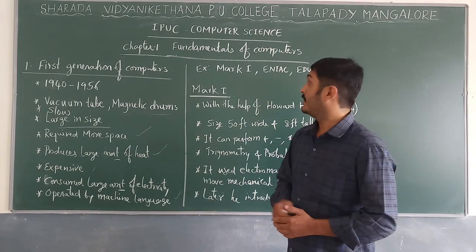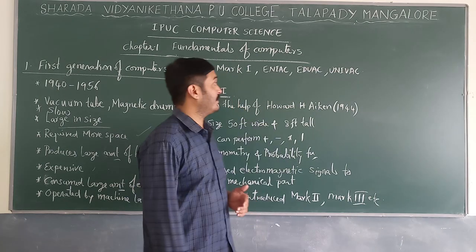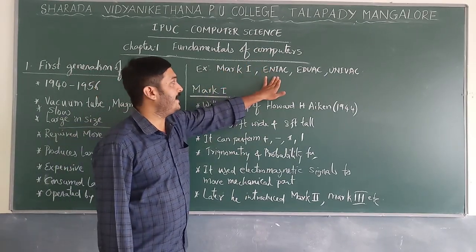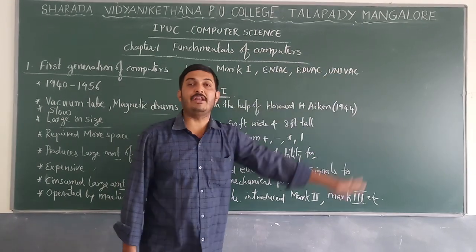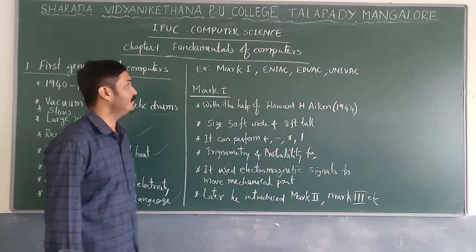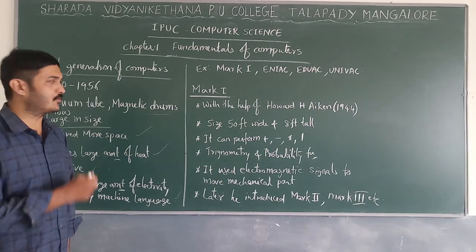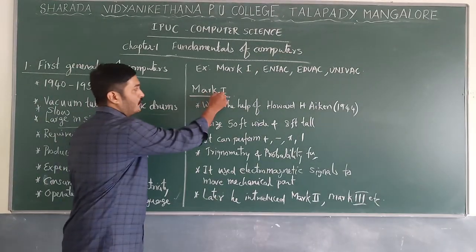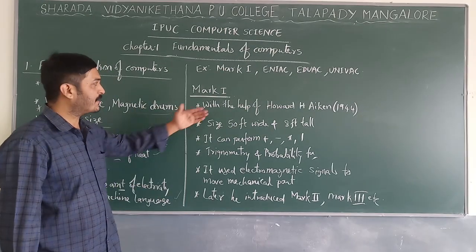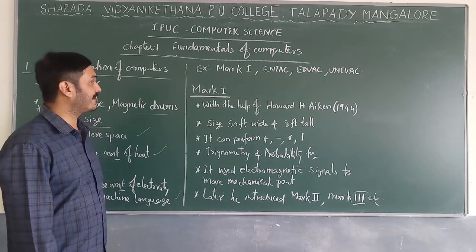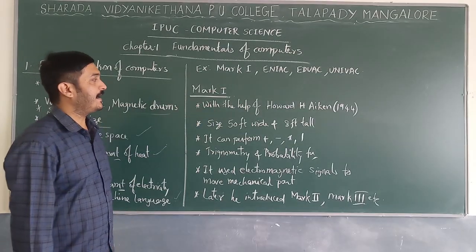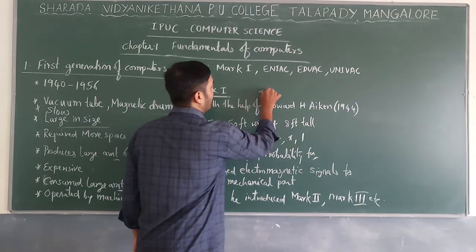Next is the examples of first generation computers. Here it is given: Mark I, ENIAC, EDVAC and UNIVAC. These are all examples of first generation computers. Just go through this one. What do you mean by Mark 1? It is better to call it Mark 1, and there are Mark 2, Mark 3 and so on. It was invented by Howard Aiken with the help of IBM.